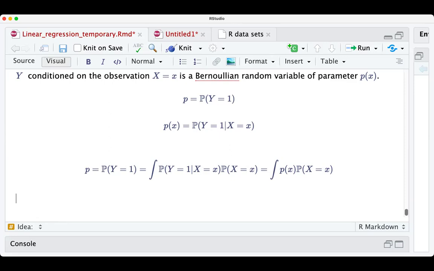So for instance, to estimate this p of x, if you had an infinite amount of money, you go through all the Moscow citizens, you call them, you take the ones which have the same age, like you fix 35 years old, and you take 35 minus 1 month, 35 plus 1 month, and you consider only them.